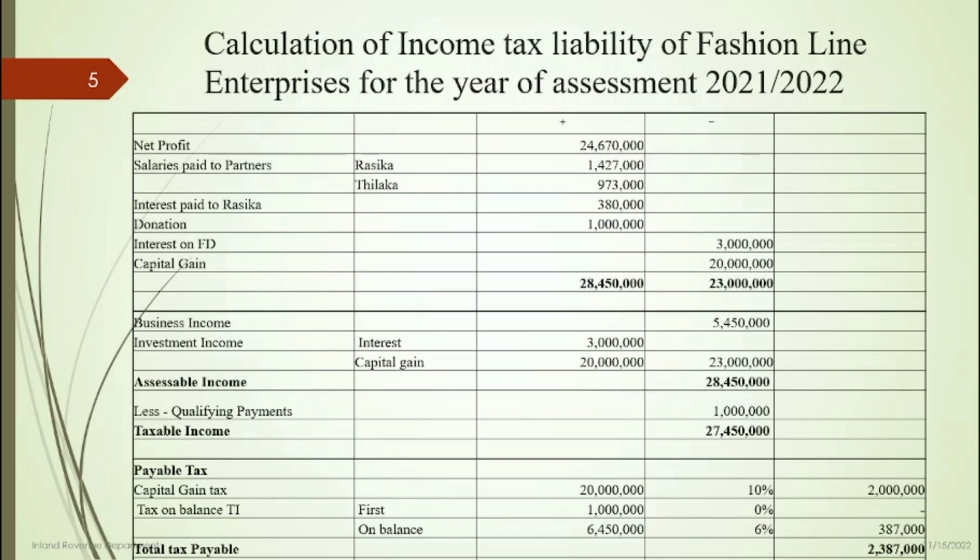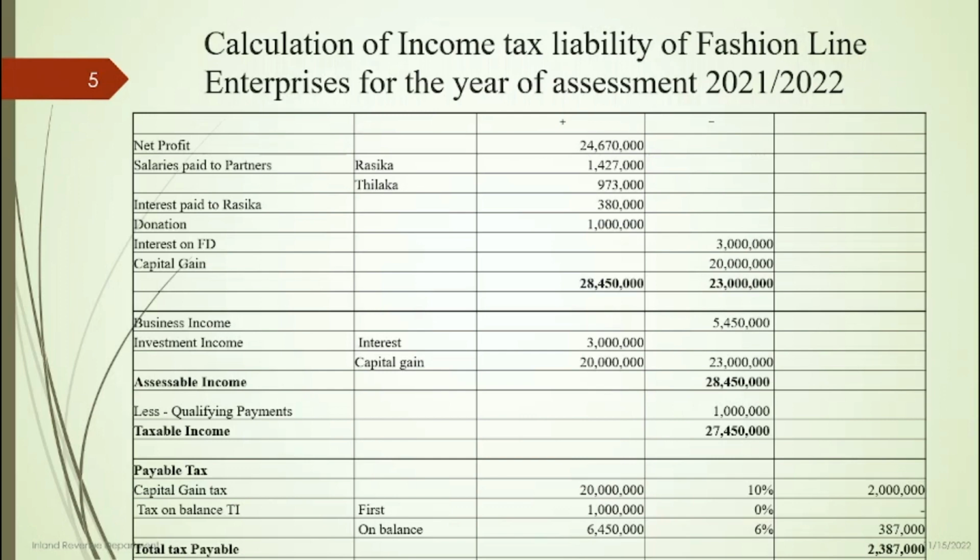On the balance income, we have to apply 0% for the first 1 million. Then there will be no tax for that 1 million. And on the balance, we have to apply 6%. That is the rate applicable for a partnership.